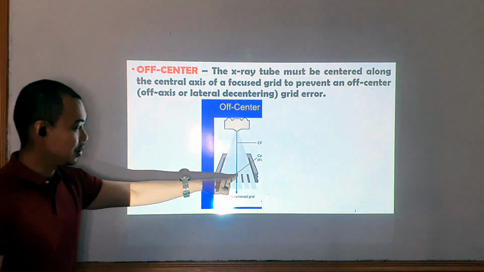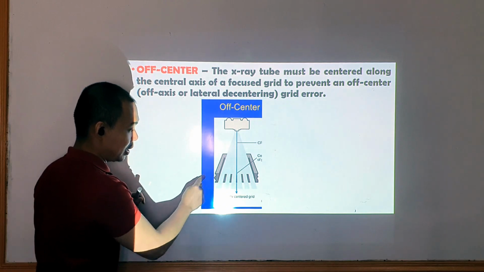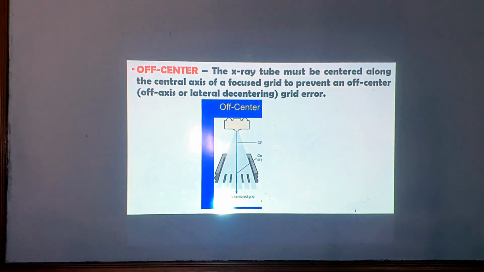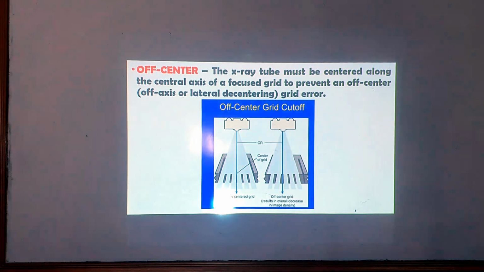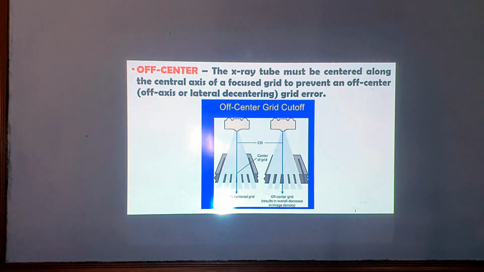Centered, right? If it's a focused grid, it is more inclined as it goes towards the side. So an off-center would be from this one to this. Can you see? Alright.